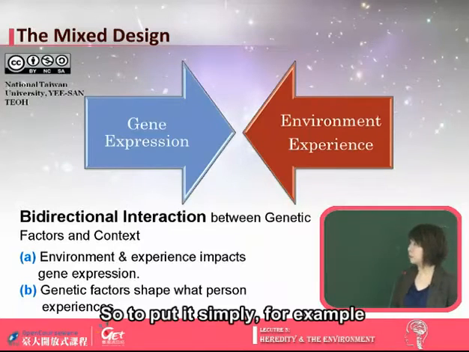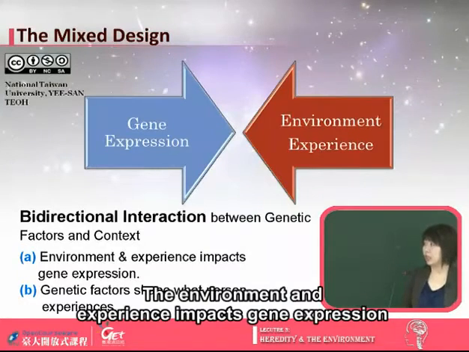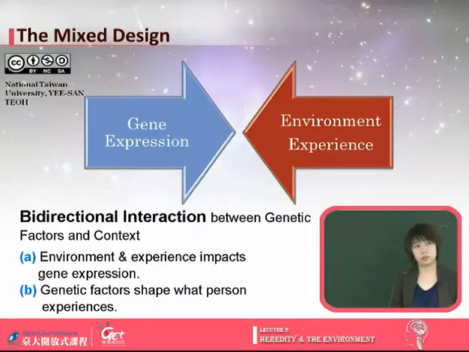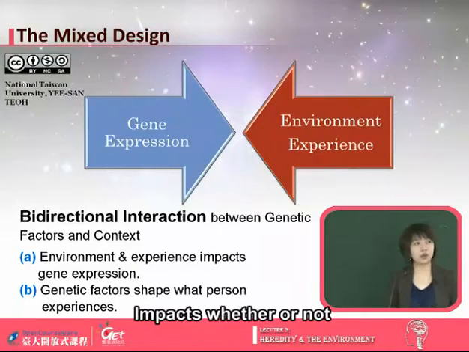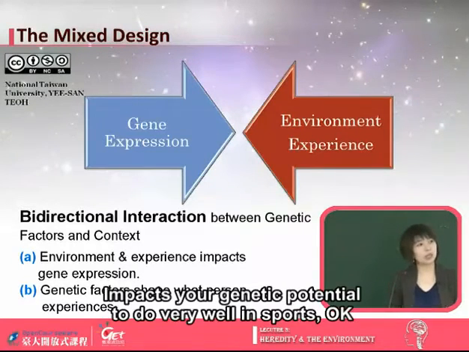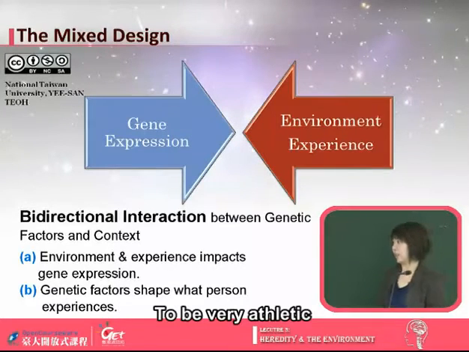So, to put it simply, for example, the environment and experience impacts gene expression. The weather and the climate, the experience, whether or not you have been doing sports since you were young, impacts your genetic potential to do very well in sports, to be very athletic.